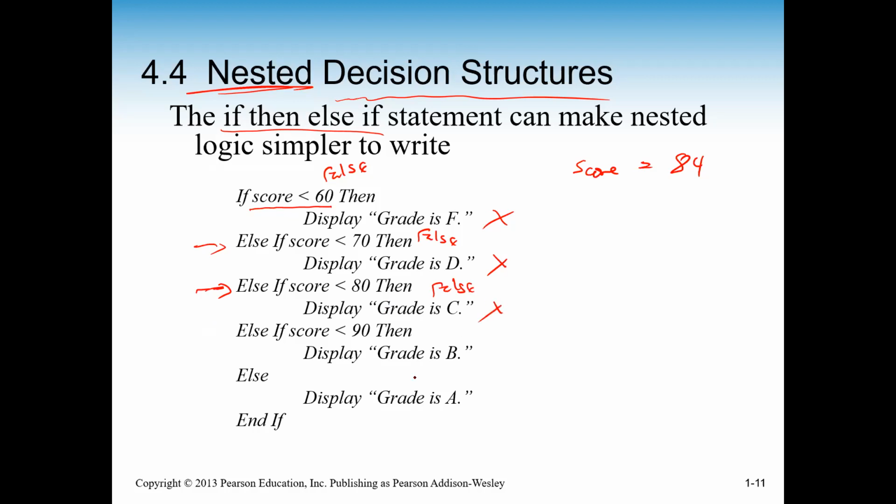False, so you don't do that one here. So you flow now into this one. And now you're going to say, is 84 less than 90? True. And because you only go in one direction, you execute that and you exit the program.